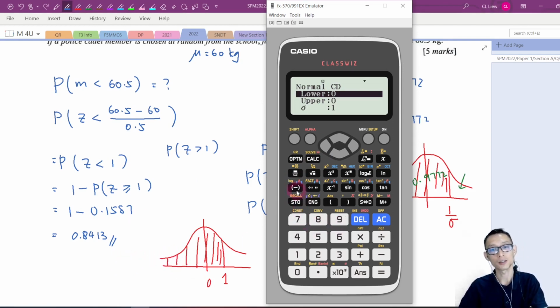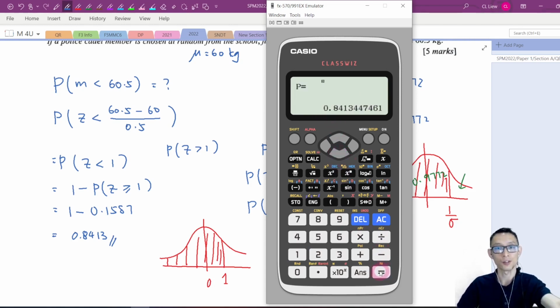So I just key in a very small number, -9 times 10 to the power of 99. Okay, so the output is equal to 1. Standard deviation, correct, 1. And the mean is equal to 0, correct. So just hit equal. Now you will get the answer, 0.841. So this is the way we use our calculator to help you to get the answer for this type of question.